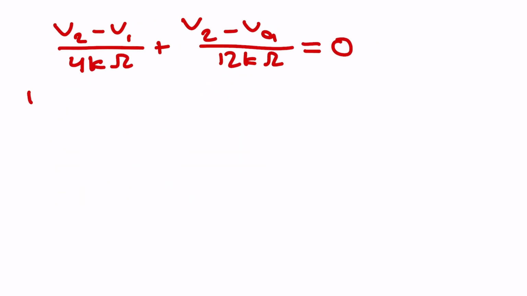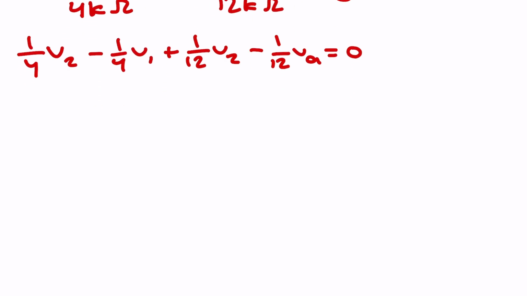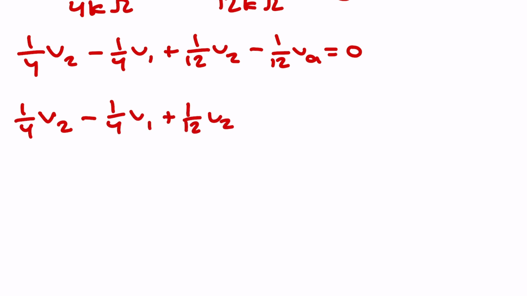Okay, and now let's solve this. So let's split this up first. 1 over 4 V2 minus 1 over 4 V1 plus 1 over 12 V2 minus 1 over 12 VA is equal to 0. All right, again, we're solving for VA, so let's move this guy to the other side. 1 over 4 V2 minus 1 over 4 V1 plus 1 over 12 V2 is equal to 1 over 12 VA.